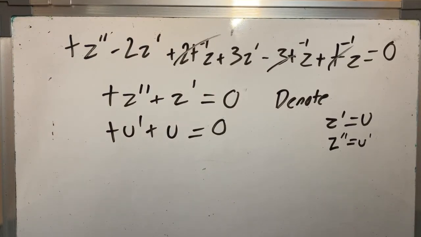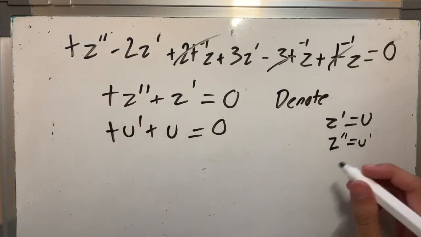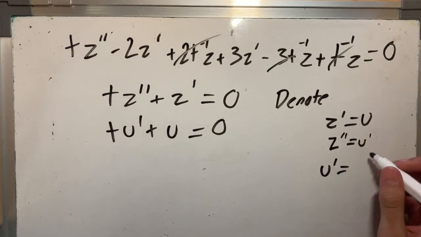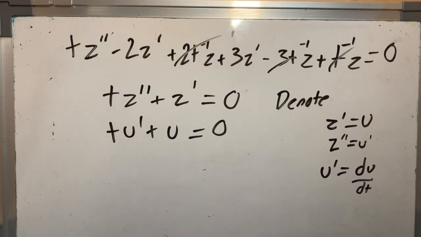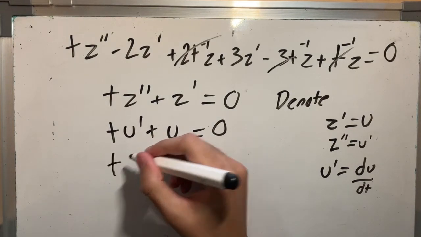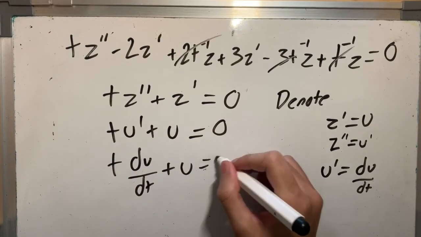And now what we do is we find our little integrals. Like I said, u dash is also equal to du over dt. Sometimes writing it out as du over dt makes it look easier, because now if we look at this, it does become a separable differential equation.